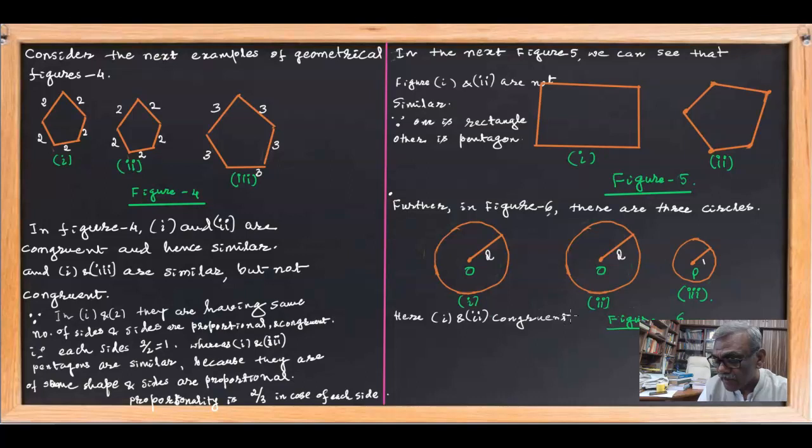Now you can see how they are congruent. You can put one on this, and they are going to coincide with each other, and therefore they are congruent figures.